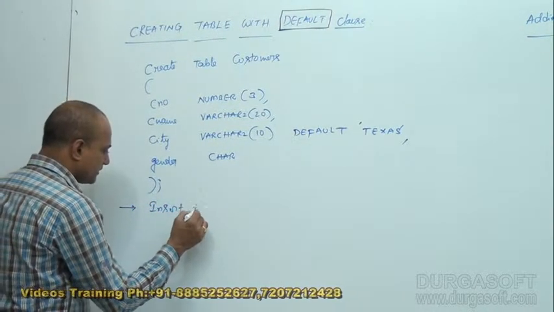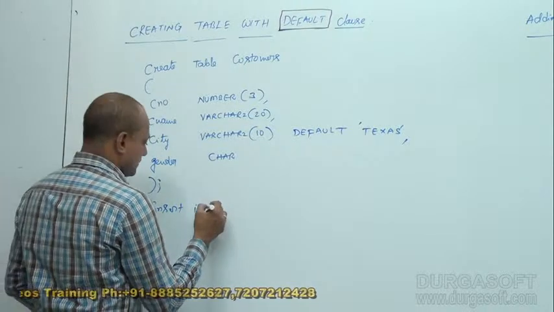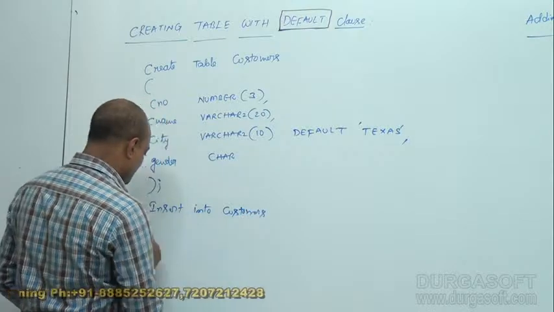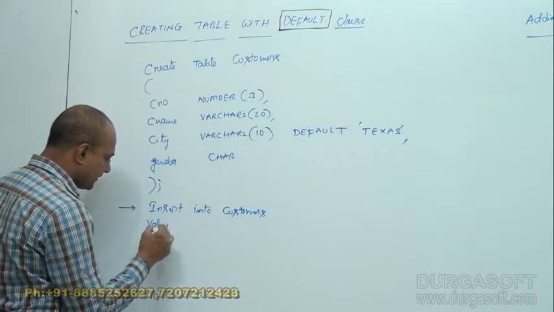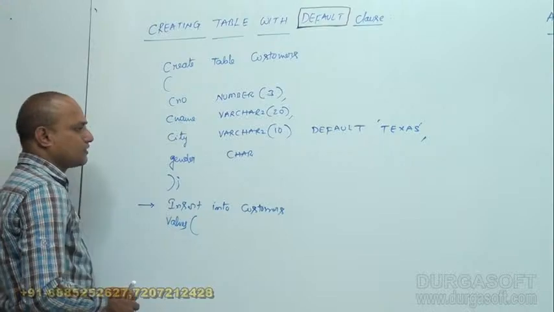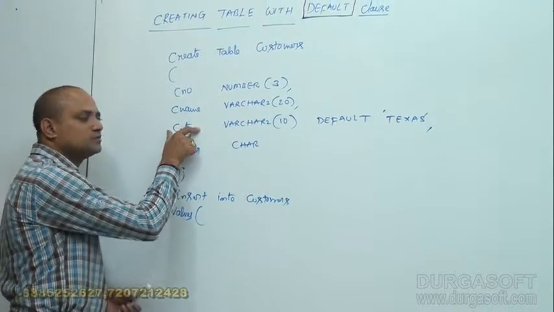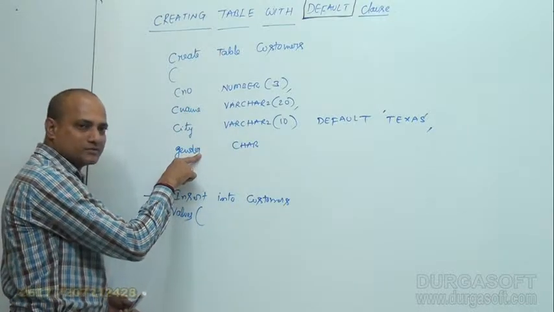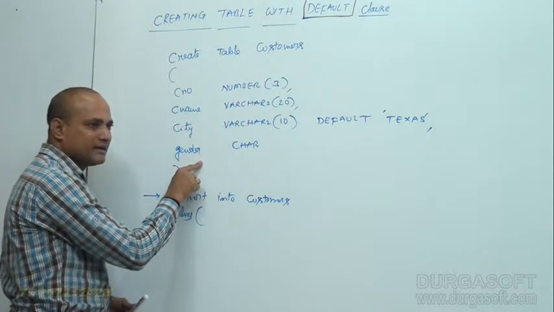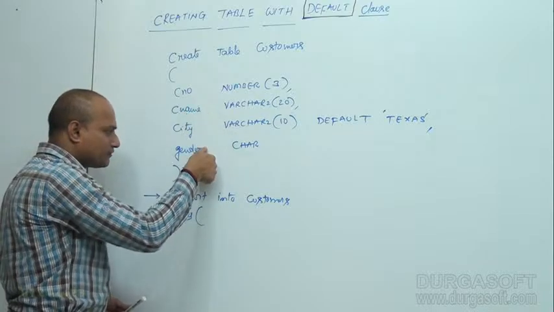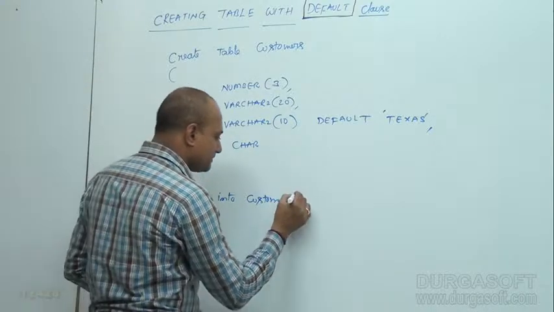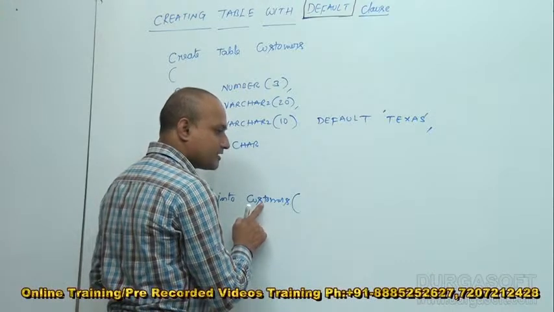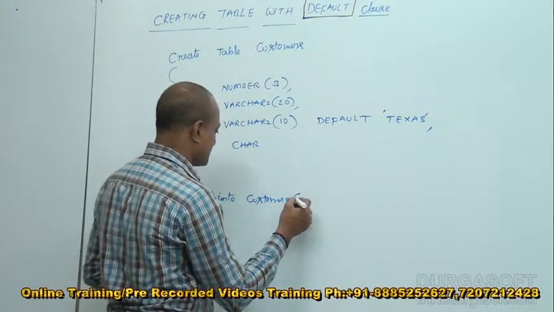Insert into customers values. Actually, the table has 4 columns, but into city I don't want to insert any value. So I want to insert values into 3 columns. In such a case, if you are submitting fewer values than the number of columns, we must maintain column names after the table name while inserting data. Otherwise it will display a 'not enough values' error message.